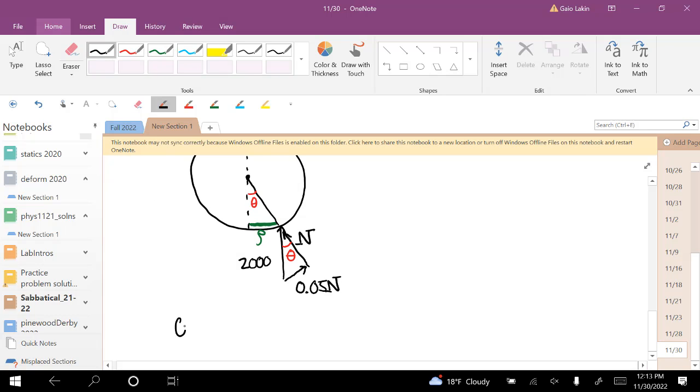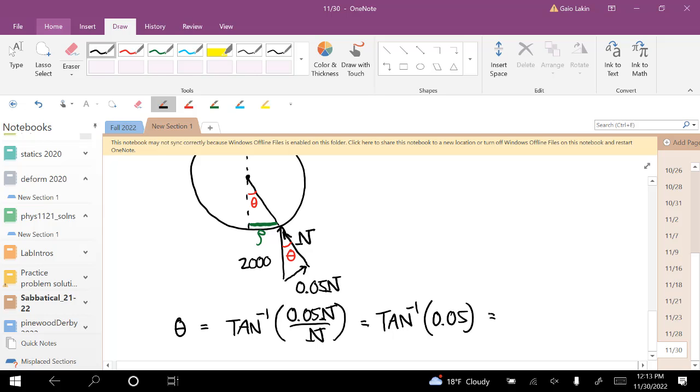Okay, so this theta is the inverse tangent of 0.05 N over N, which is just the inverse tangent of 0.05. Can someone calculate that and give it to me with like 1,000,000 decimal places?